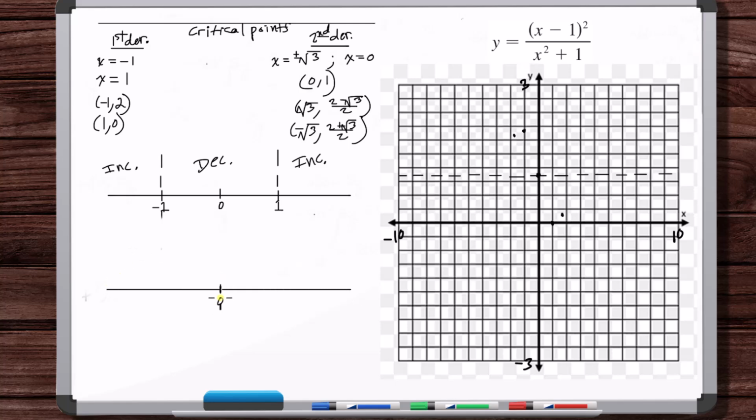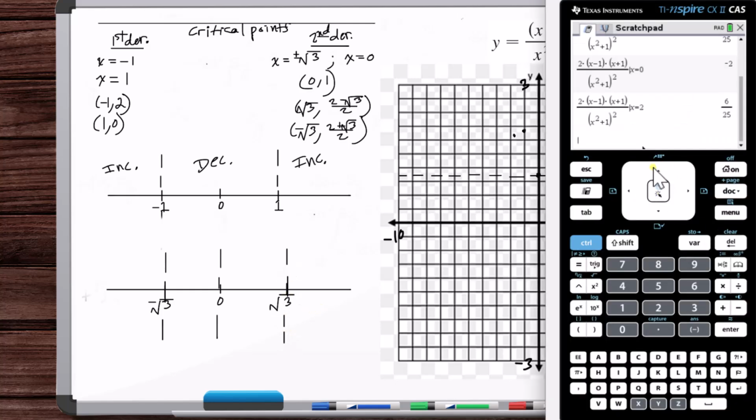Okay, so what are the critical points with respect to the second derivative? You've got positive root 3 and negative root 3. There are your intervals where the second derivative can change signs.